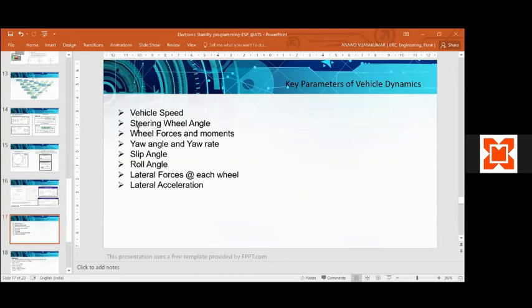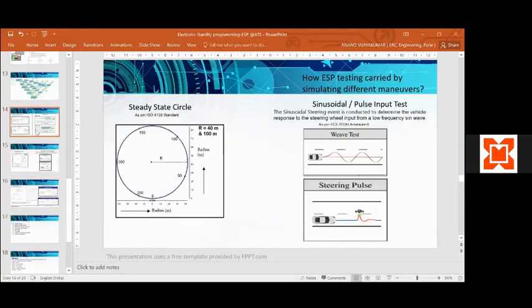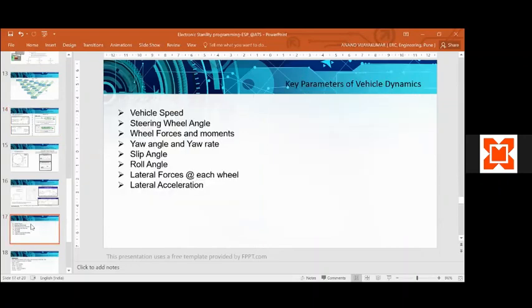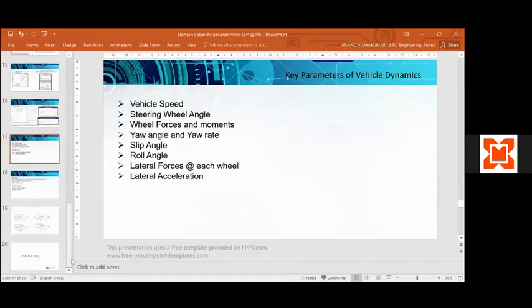Mainly vehicle speed, intended vehicle speed, steering wheel input, wheel forces, yaw rate, slip angle, roll angle, lateral force, and lateral accelerations. These parameters are to be monitored in this test to assess the stability control.